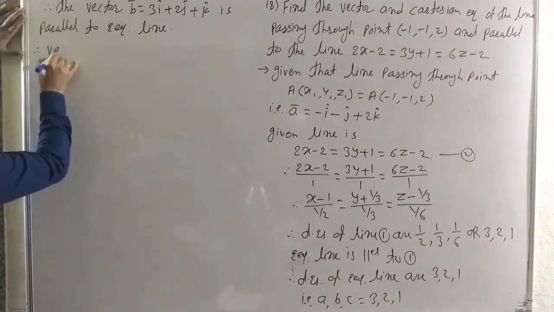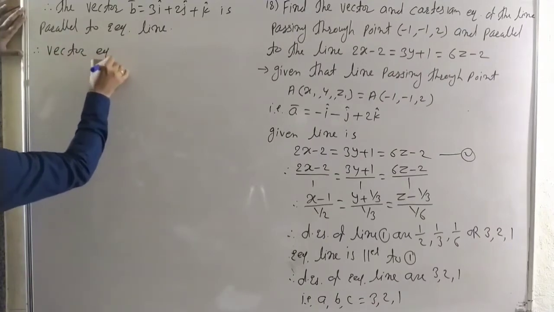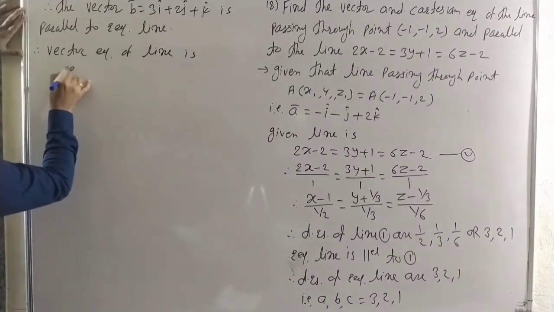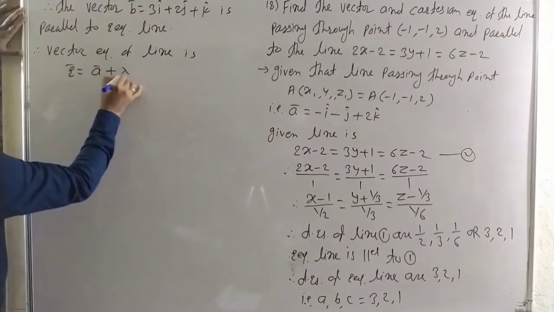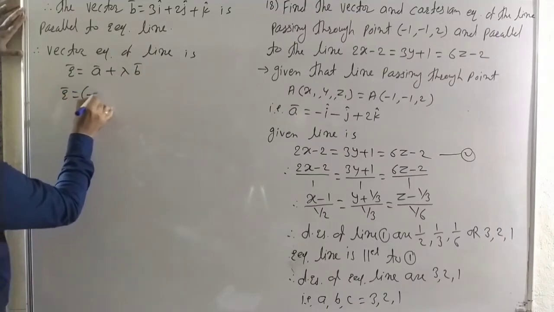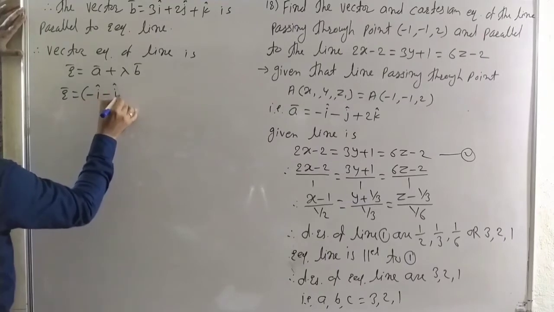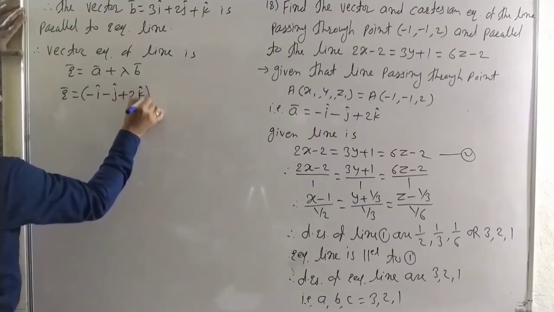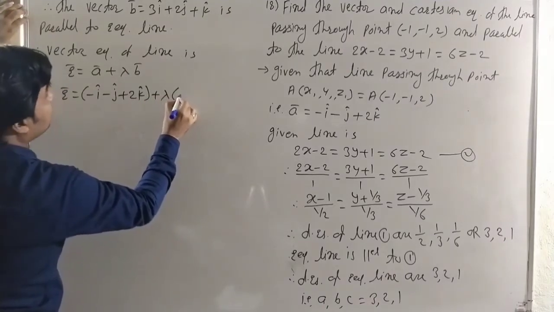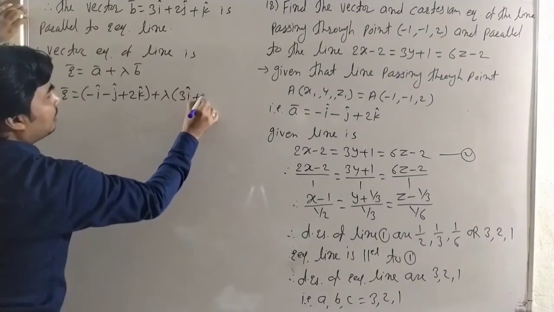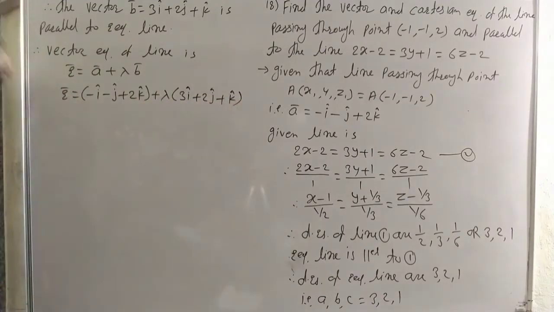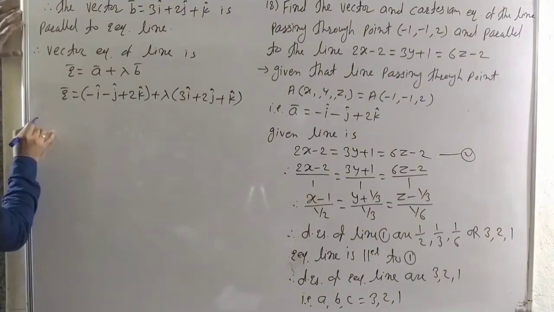Therefore the vector equation of the line is r bar is equal to a bar plus lambda b bar, that is r bar is equal to minus i cap minus j cap plus 2k cap plus lambda into (3i cap plus 2j cap plus k cap). Now this is the vector equation, and next the Cartesian equation.